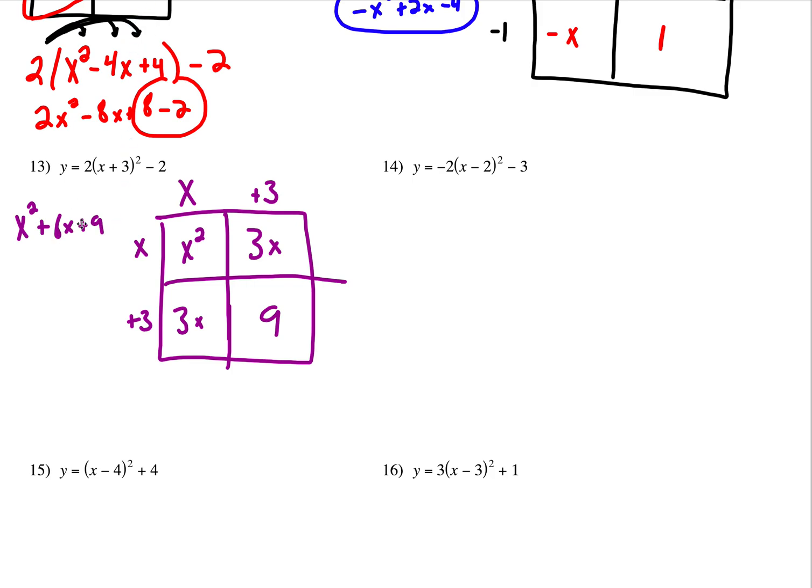Now here's the thing. Remember, you got the 2 on it. So you got 2 times x squared plus 6x plus 9 minus 2. So now the next step is we're going to distribute.